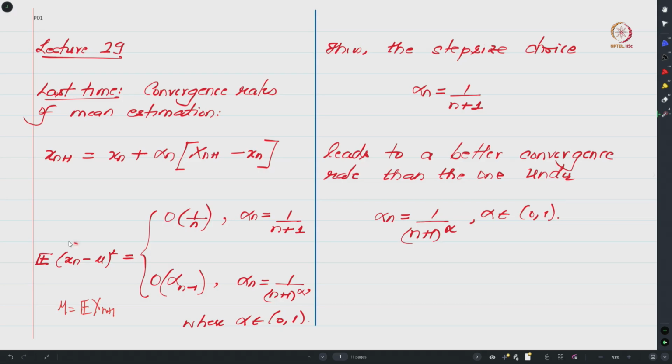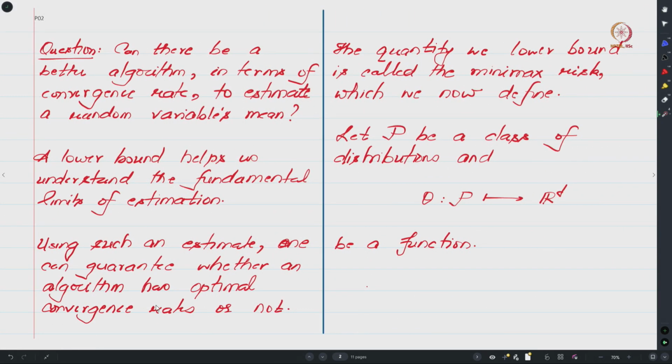And we showed that the error in this sense is big O of 1 over n when the step size is of the form 1 over n plus 1, and it is big O of alpha_n when alpha_n is of the form 1 over n plus 1 to the power alpha, which implies that this convergence rate is of the form 1 over n to the power alpha, right. Because alpha is strictly less than 1, one can conclude that the first convergence rate is better than the second.